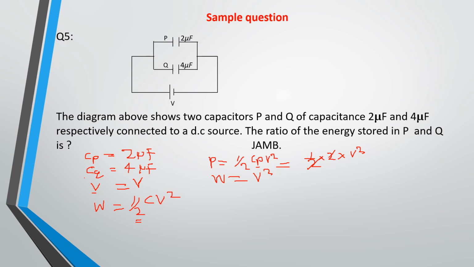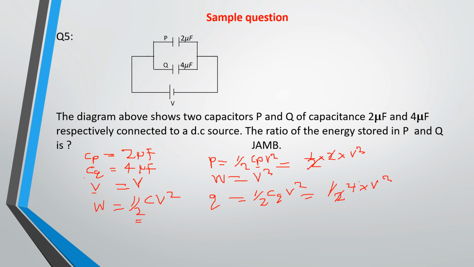Then for Q, the energy stored in Q is half Cq V squared. Remember that when capacitors are in parallel, it is the same potential difference across them. Here Cq is equal to 4, so you can write half multiplied by 4 times V squared.